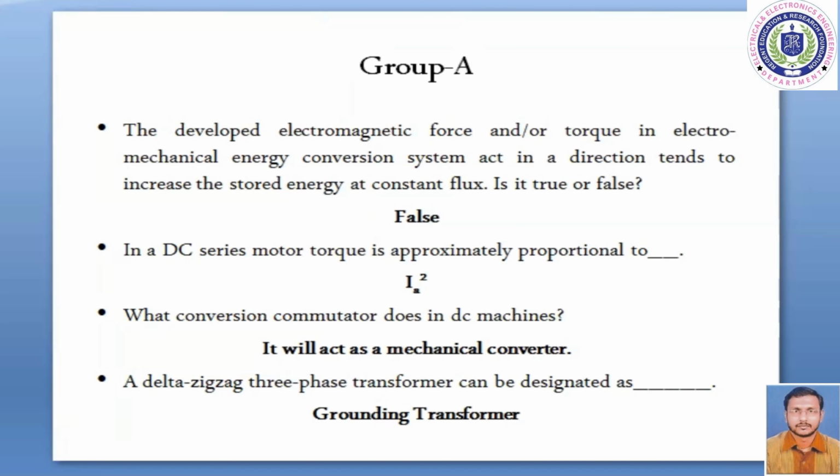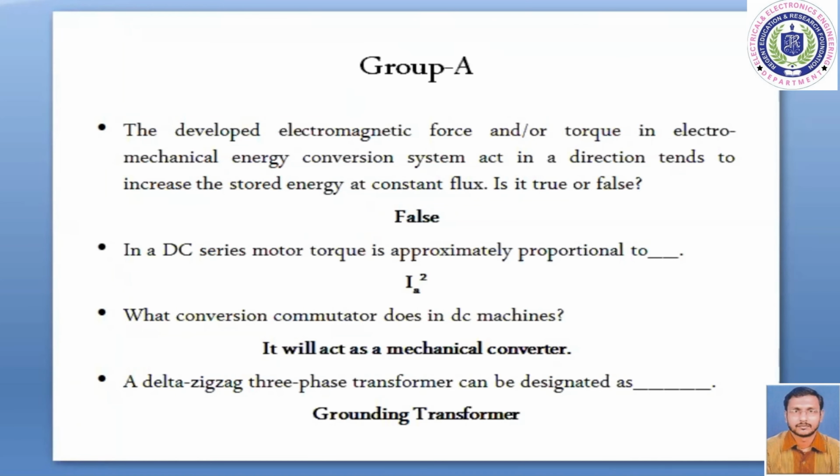The next question is, in a DC series motor, torque is approximately proportional to what? You have to fill in the blanks. For answering this question, you have to recall the relation of the developed torque of a DC motor. Generally, developed torque is directly proportional to the product of field flux and armature current.